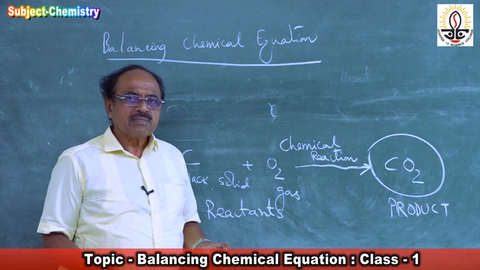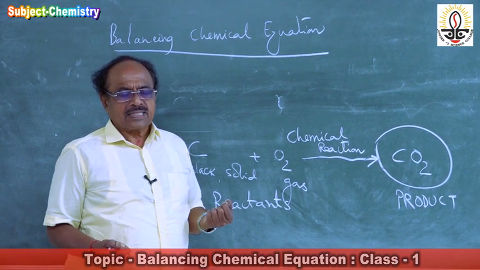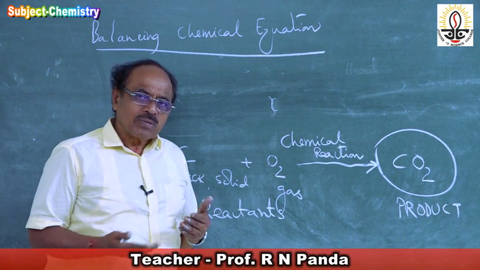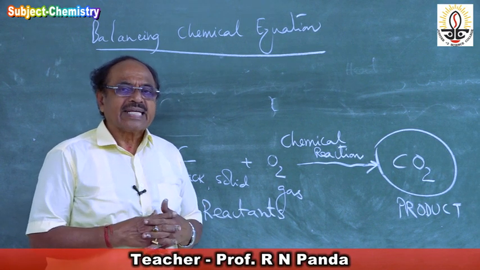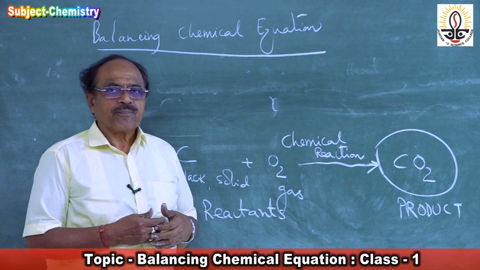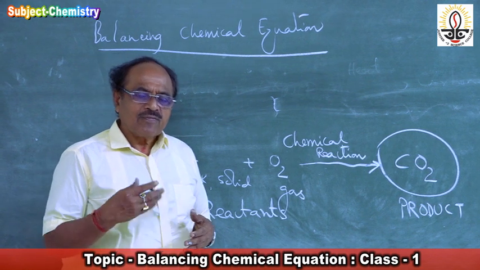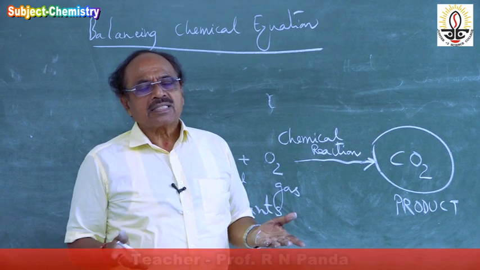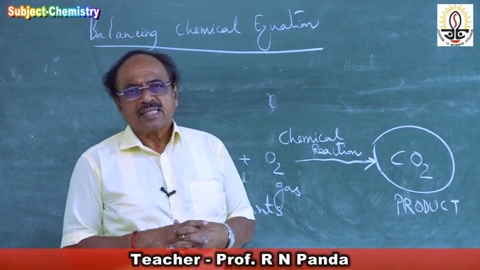So always atoms take part in chemical reaction. Then what more about the atom? Atom cannot be created or destroyed. Then what is the very fundamental law of science? The mass cannot be created or destroyed.